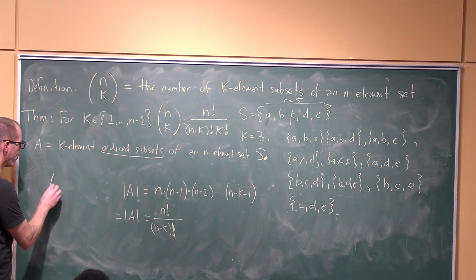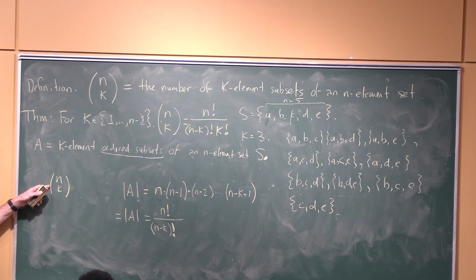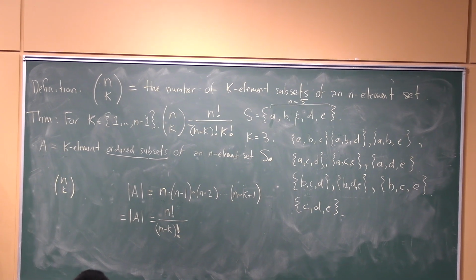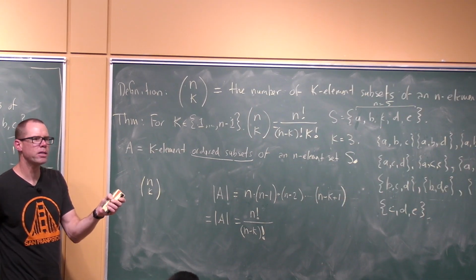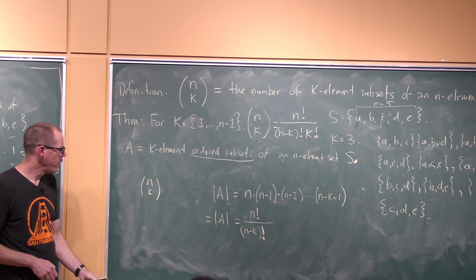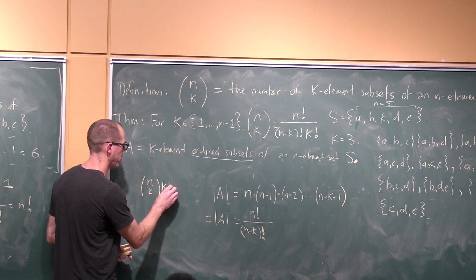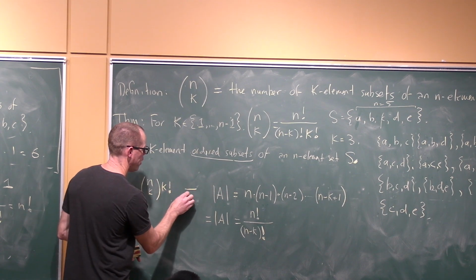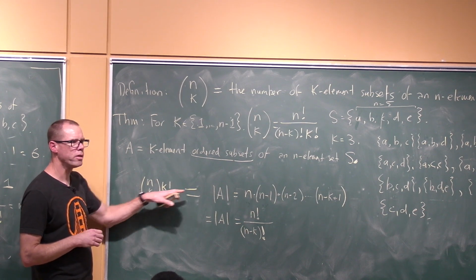Well, that's the thing that we're discussing. By definition, that's n choose k. Now, each of those subsets that I pick creates a big list of actual ordered sequences. The number that it creates is k factorial. So that's another way to count the size of A: n choose k times k factorial.